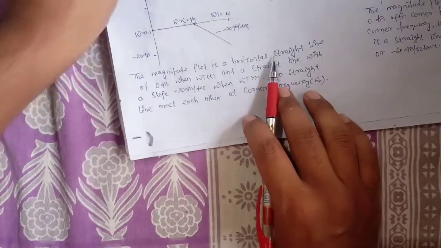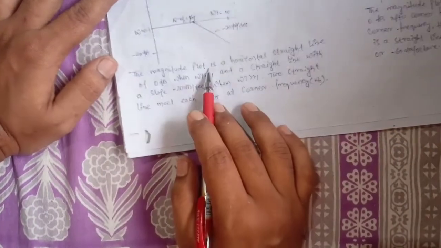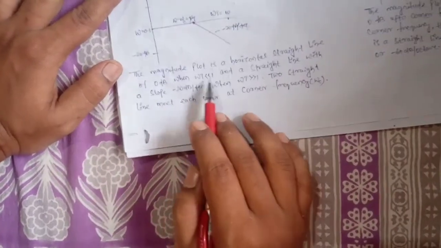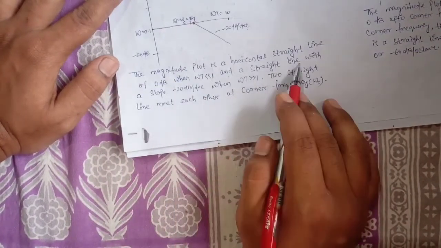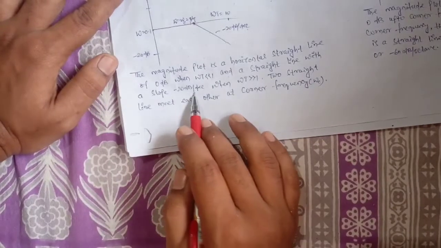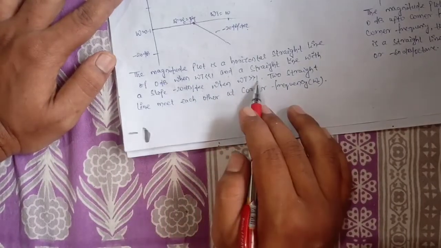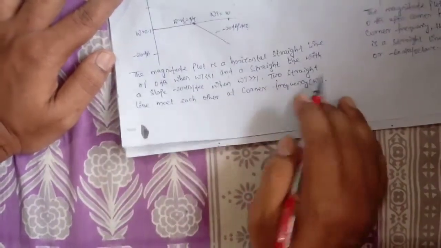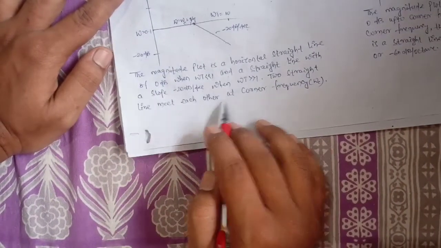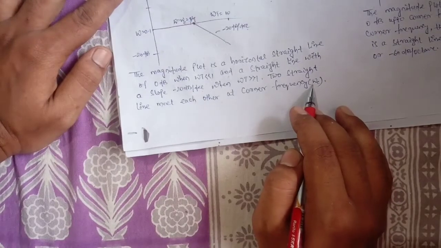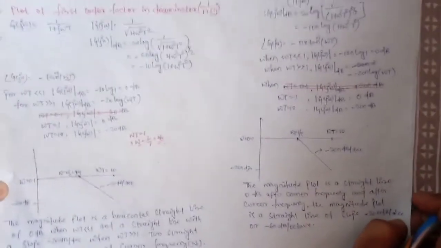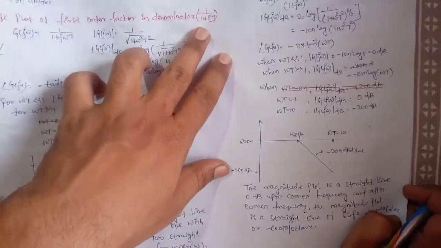So I conclude here that the magnitude plot is a horizontal straight line of 0 dB when omega t is less than 1, and a straight line with a slope of -20 dB per decade when omega t is greater than or equal to 1, and the two straight lines meet at a point which is called corner frequency. So this is the factor 1 by st.